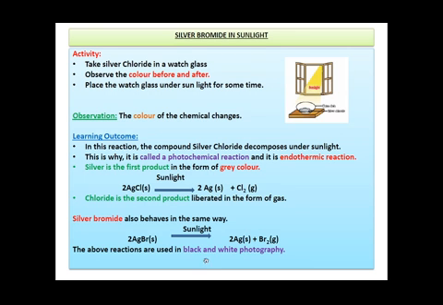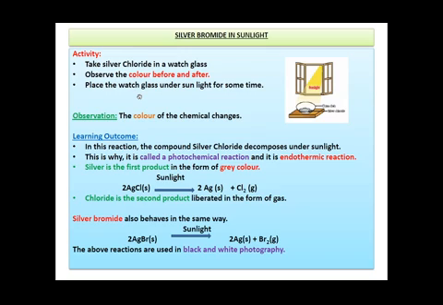Next is an example of photodecomposition, that is action of sunlight on silver bromide and silver chloride. So let us go with the activity. Here a watch glass is taken in which silver chloride is taken, and the color of the silver chloride is white.